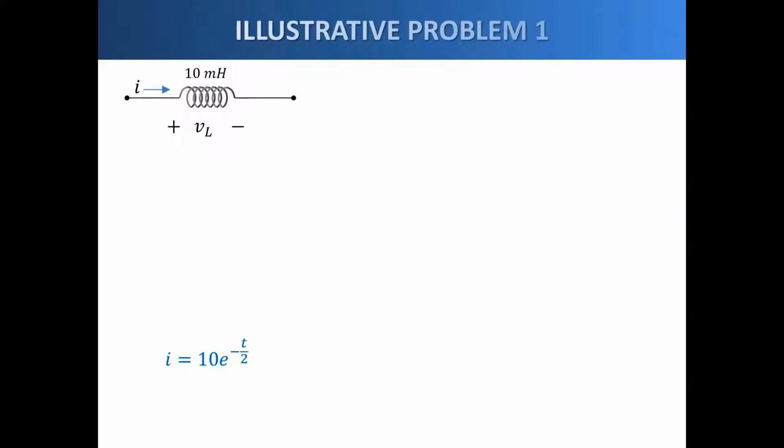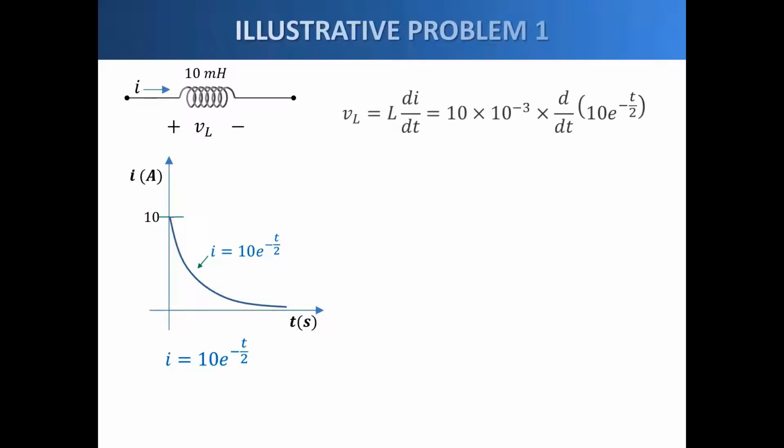So this is the plot of the current. As you can see, the current starts high at 10 amperes and then it decays as time progresses. So we use the relationship between the voltage and the current. VL equals L di/dt.